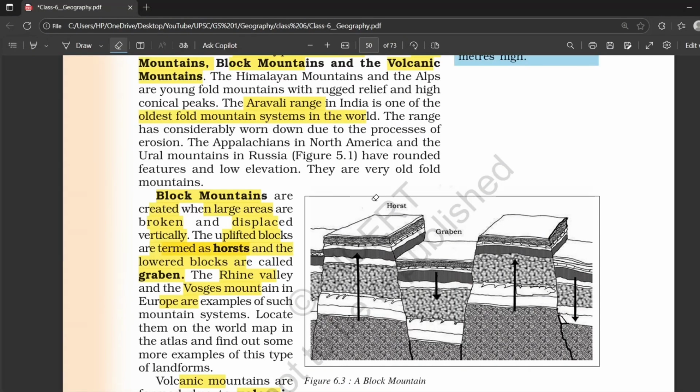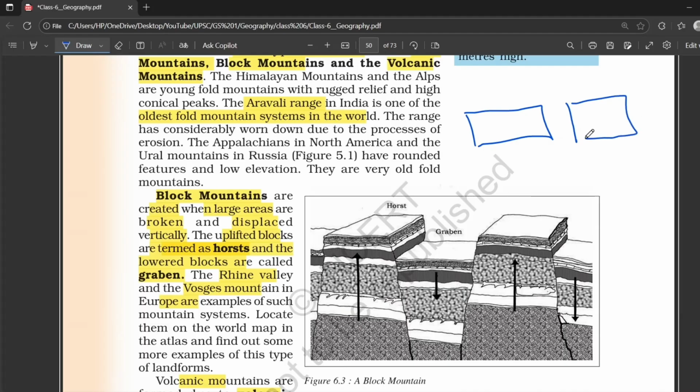The next one is the block mountain. The block mountains are formed when the earth's crust breaks due to tensional forces. Divergent means the two plates are moving away from each other. Because of this tension, the crust cracks and forms faults.